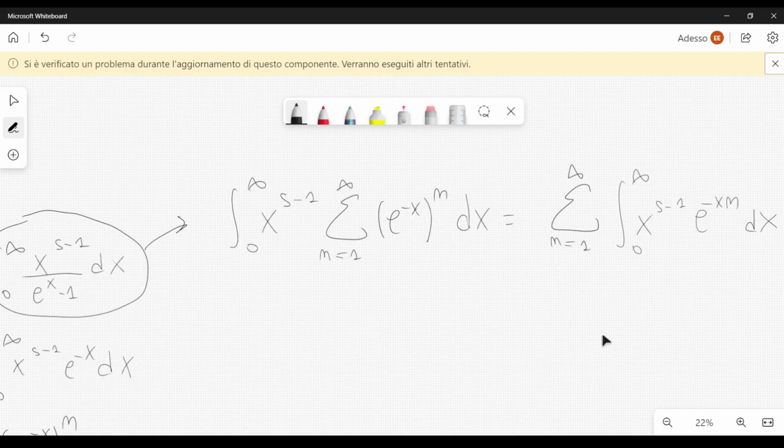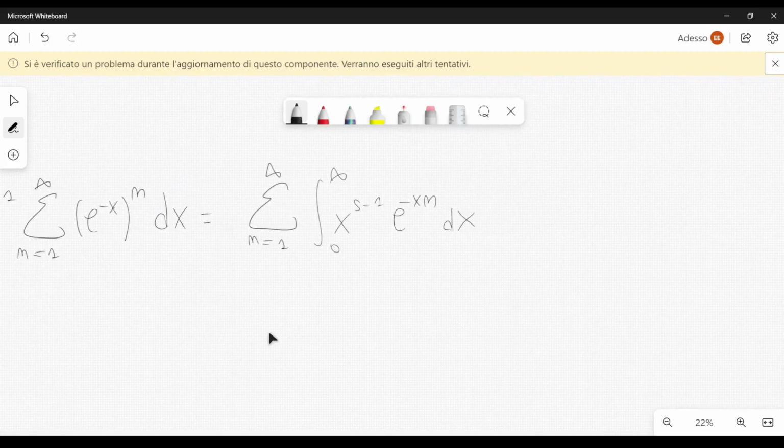And now I'm going to consider a change in the variable here. So we are going from nx to t. So this is the change of variable that I'm going to perform. x is equal to t over n.